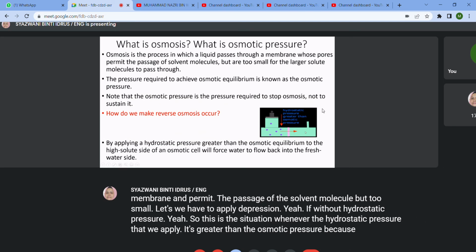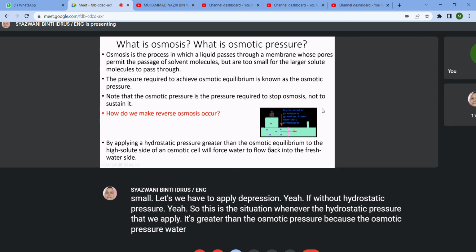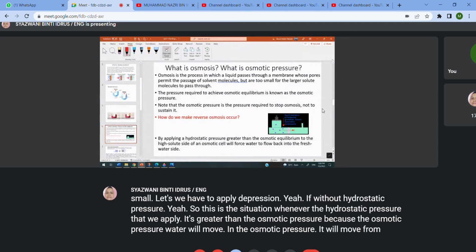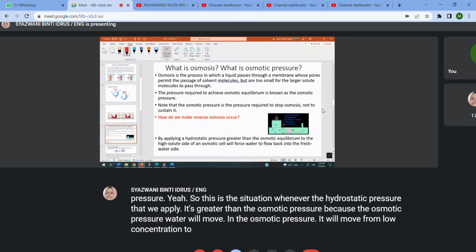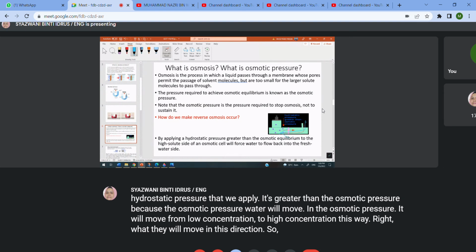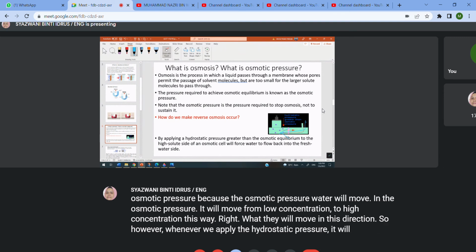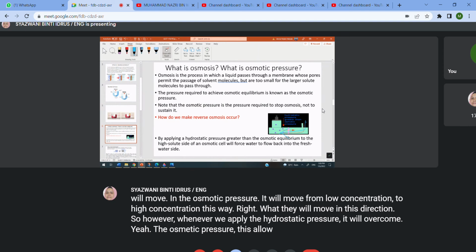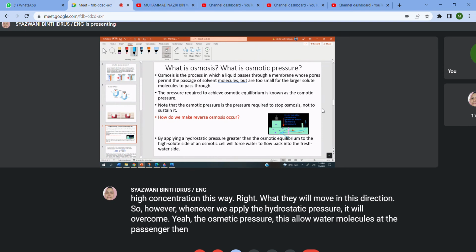Because of the osmotic pressure, water will move from low concentration to high concentration, in this direction. However, whenever we apply the hydrostatic pressure, it will overcome the osmotic pressure. This allows water molecules to pass through the membrane.